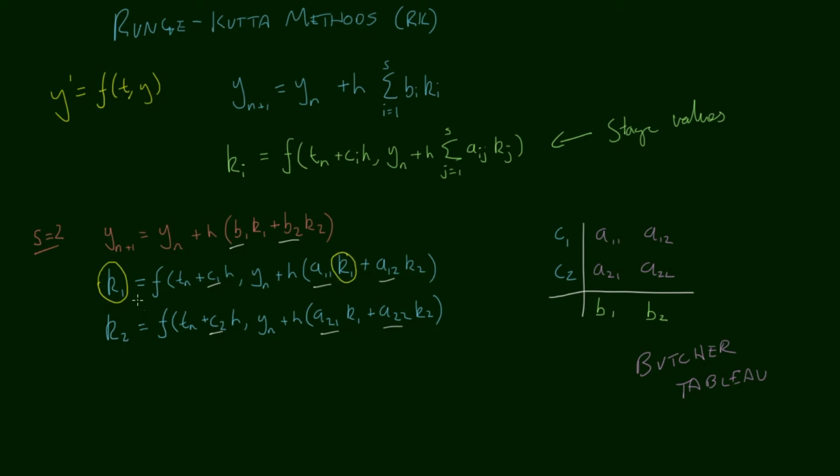So if we wanted to calculate what k_1 is, it depends upon itself, and the same applies to k_2. So these are what's known as implicit equations, and a Runge-Kutta method of this form is known as an implicit Runge-Kutta method.